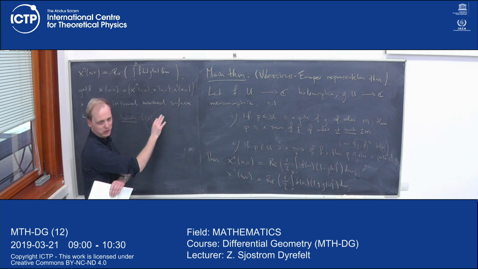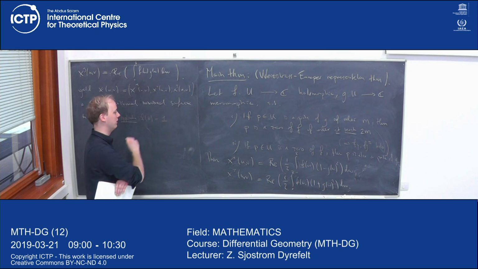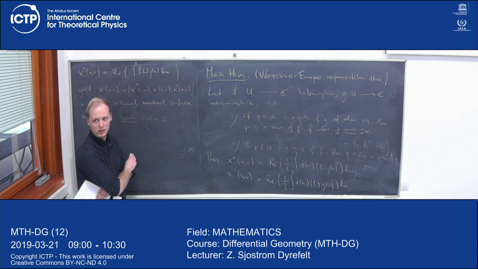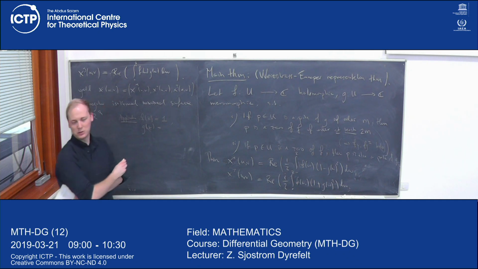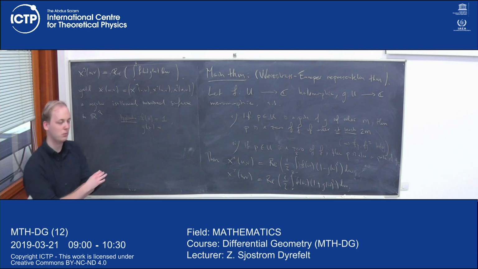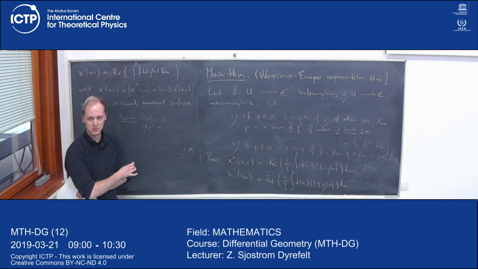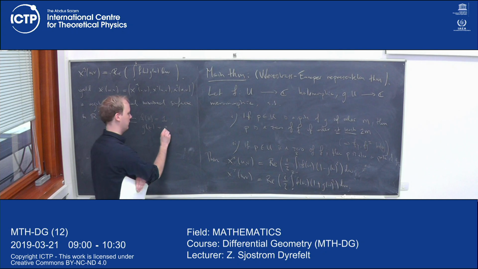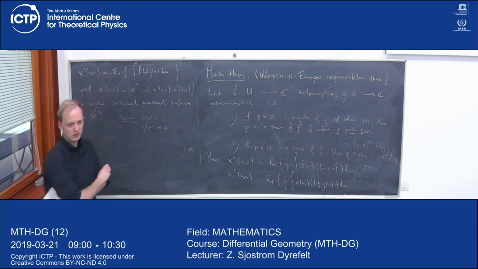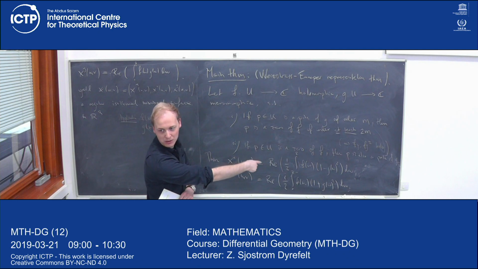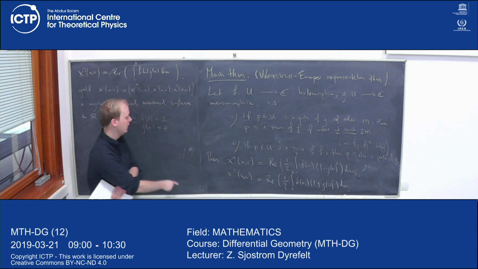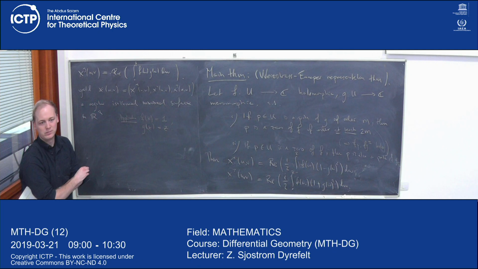So we should not take f to be 0, but we can take it to be everywhere 1. This is a function equal to 1. And then for g of z, we don't even have to complicate things. We don't even have to take it meromorphic and check all these conditions. We can just take it to be equal to z. Because if we take it to be equal to 1, then all of this will just be trivial, so that does not work. So we take it to be equal to z.